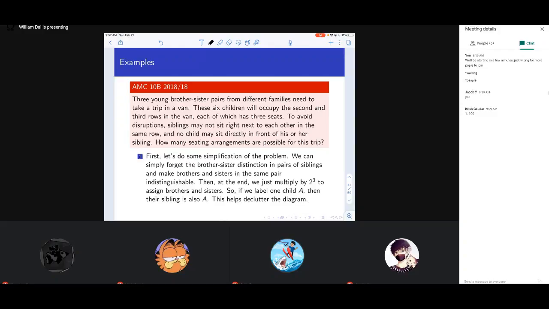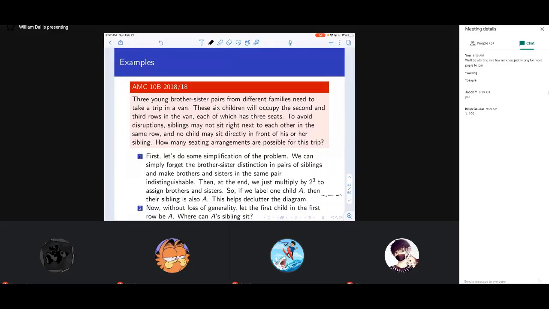So first we simplify the problem by forgetting the distinction between brothers and sisters here, and we just call both of them by the same letter. And at the end we multiply by 2 to the power of 3, or 8, to assign which ones are brothers or sisters. Here's the diagram.